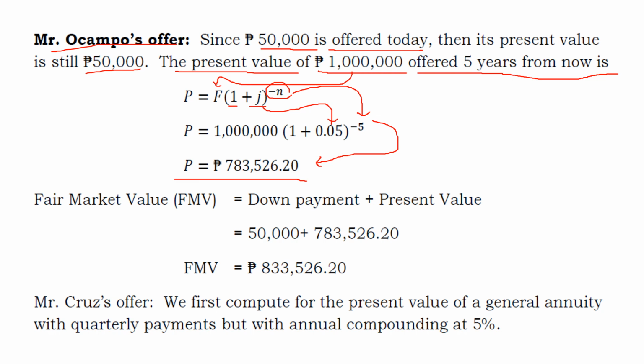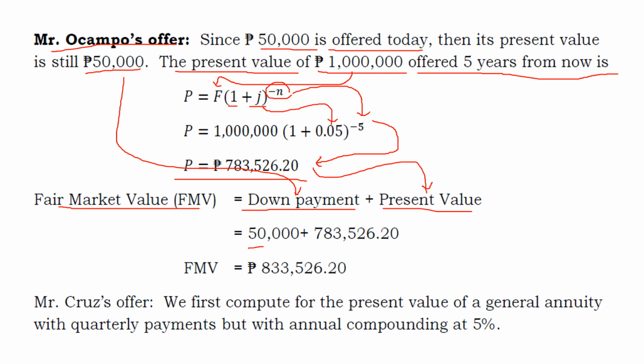Now, for the fair market value, we're going to add your present value to the down payment. If the down payment is 50,000, we're going to add this present value for us to get the fair market value, or FMV.